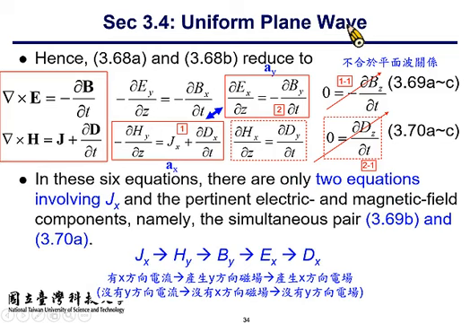In general, to the very left of the equation, we know that J appears in Ampere's circuital law. So if you have Jx, Jy, and Jz components, you in fact can write 3 equations. However, you only have the Jx component. So the terms pertinent to the Jx component are this one. Because this is the x component, y component, and z component, right?